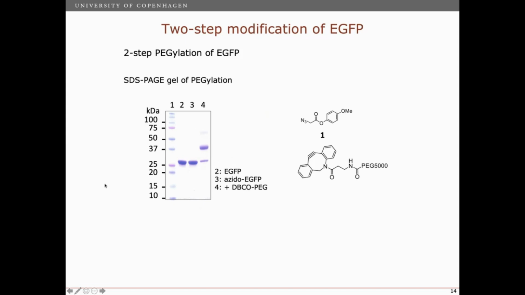Although strain-promoted alkyne-azide coupling is fantastic, it's not quantitative, and I believe that the residual band here is just unreacted azido-functionalized GFP, so it's not lack of acylation with our azido compound here. It's a non-quantitative reaction with the strained cyclooctyne.